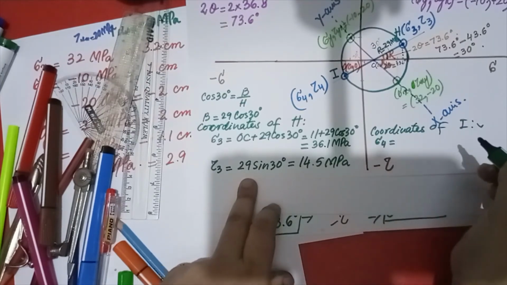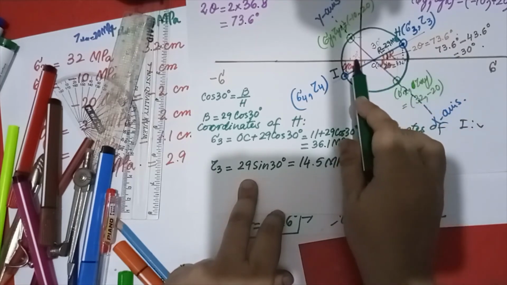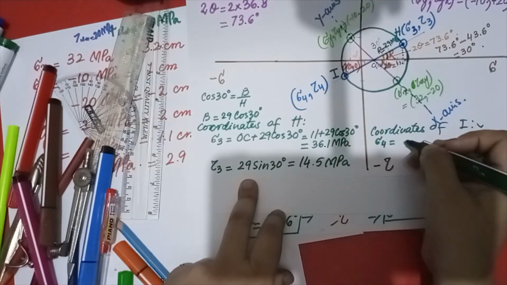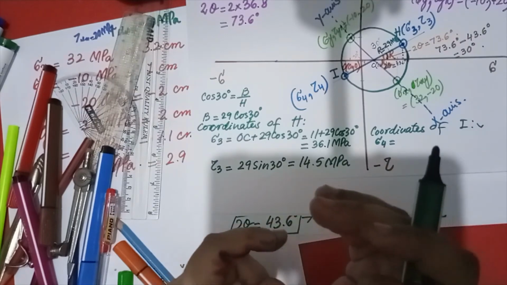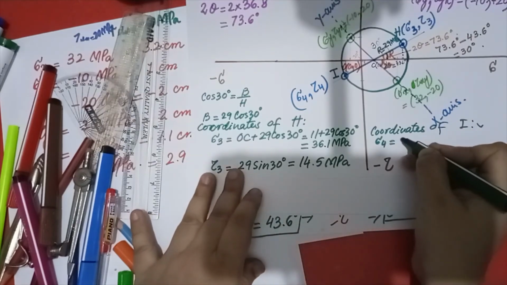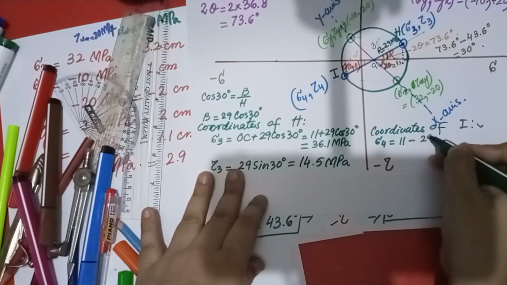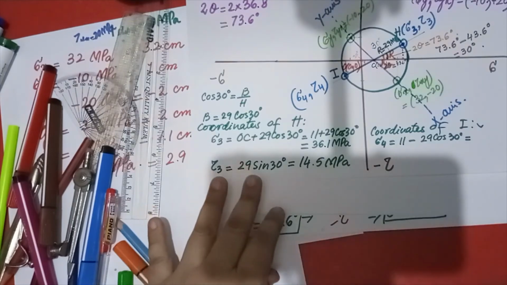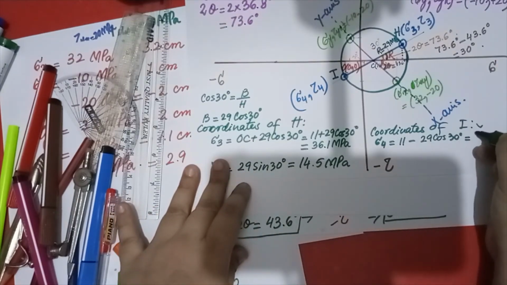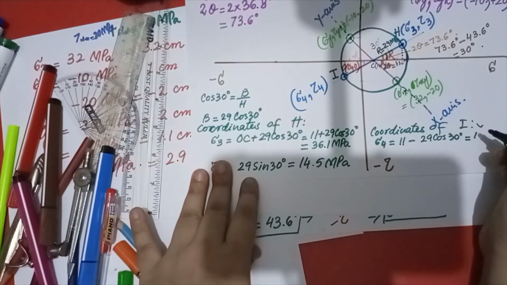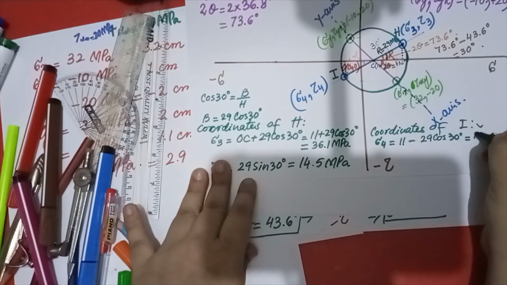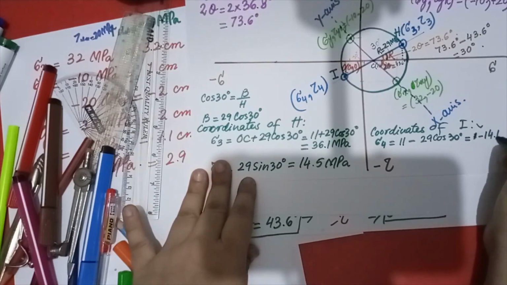Sigma 4 is equal to, this base is again what? Obviously I have to subtract it from 11, that is 29 again cos of 30 degree. So 11 minus 29 cos 30 degree is coming out to be minus 14.1 MPa.